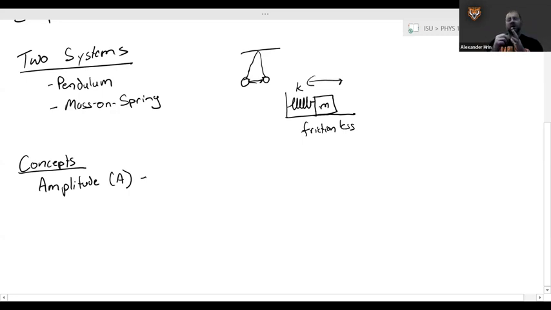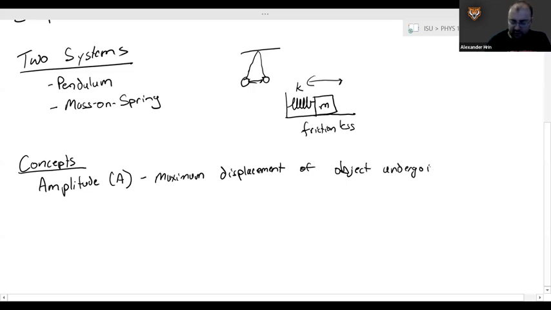But for a pendulum, a lot of times you do it in terms of angle, so in that case it would not have dimensions. Amplitude also has a connection to waves, which we'll be talking about. But amplitude is the maximum displacement of an object undergoing SHM. Okay.